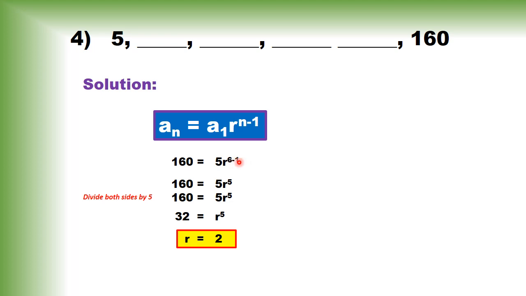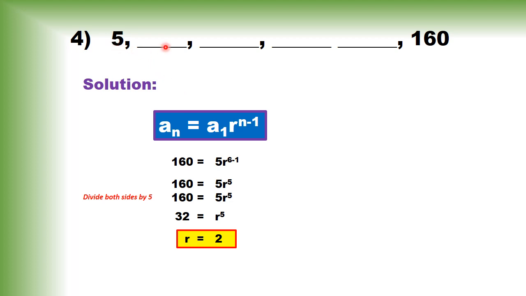Then perform first this exponent. 6 minus 1 equals 5. And then divide both sides by 5. So we get 32 equals r to the 5th power. So the 5th root of 32 is 2. So their common ratio r is equal to 2.